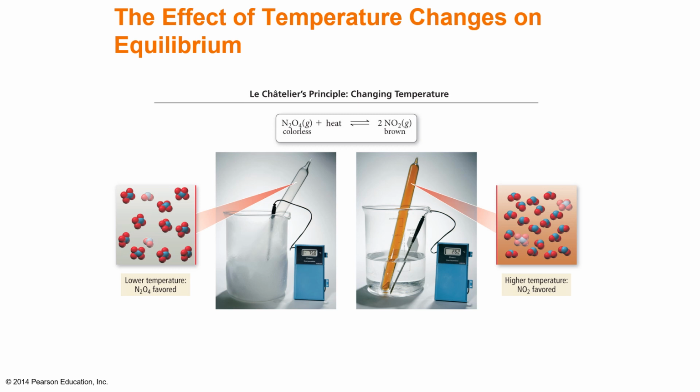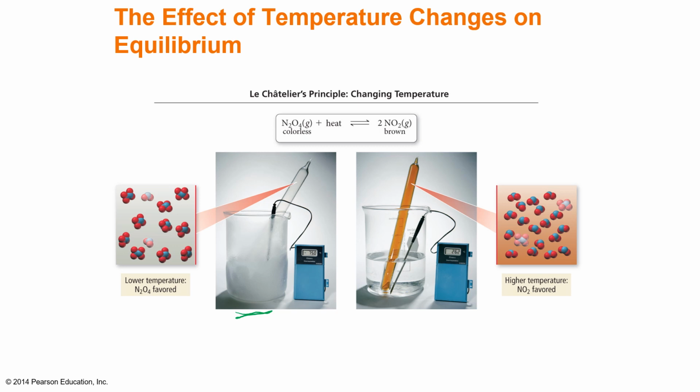If we lower the temperature, that's similar to removing reactants, and the equilibrium is going to shift towards the reactants. So at a lower temperature, when we're cold, that equilibrium is going to shift towards the colorless N2O4 gas.